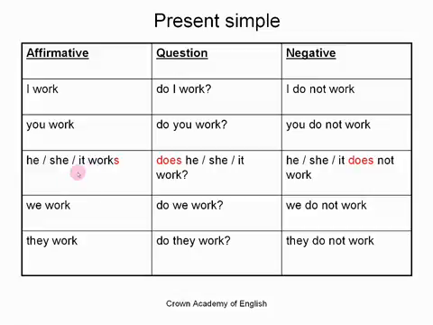Okay, this where it says he, she, it works, this is the case probably for 90% of English verbs. Okay, but there are a few exceptions, and so on the next slide we're going to have a look at those exceptions.